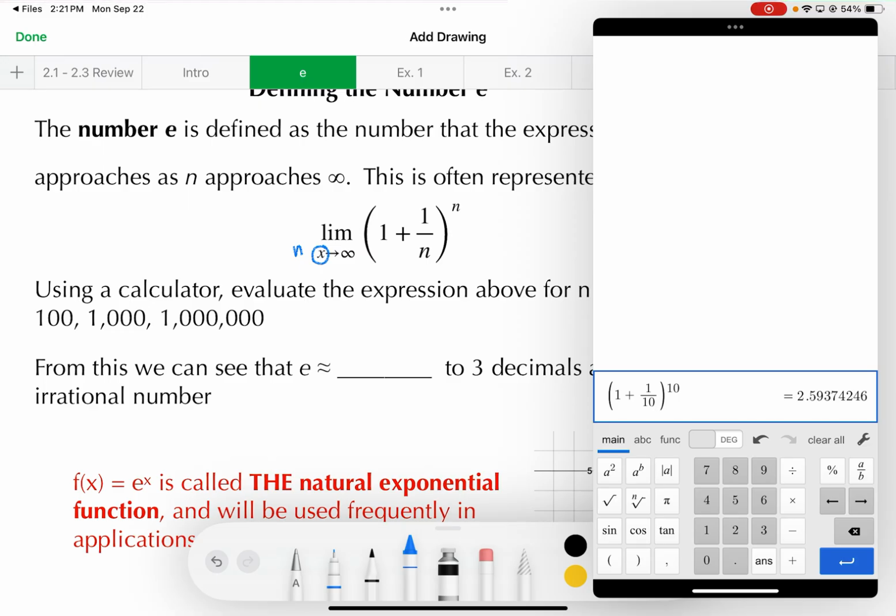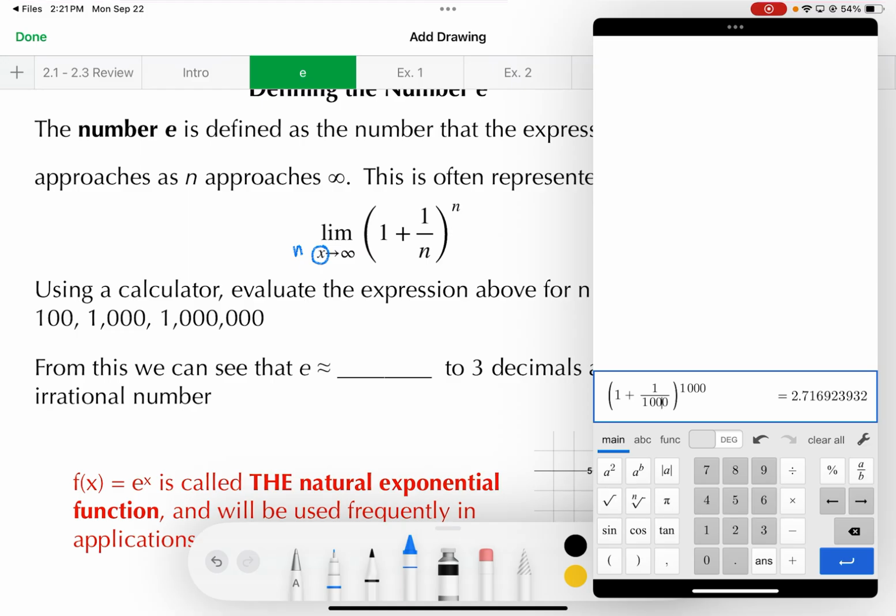Let me keep increasing this value of n until I get the same decimal out to 3 places, okay? So let's go 100, okay, 2.704, about 1,000, 2.716, all right, so at least I'm to the 10th place.